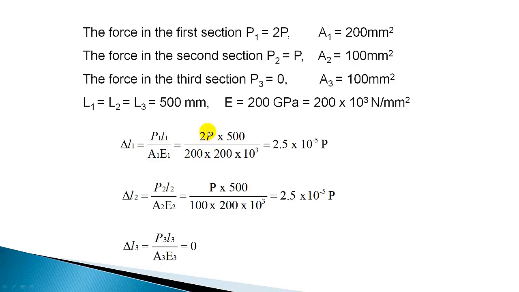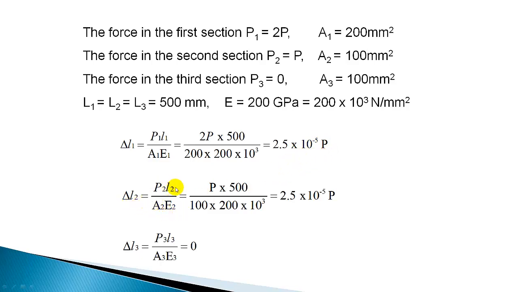Twice the value of P is acting in the first section. So we have just put 2P. Length is 500. A1 is 200. And Young's modulus is 200 into 10 raised to 3. So you can write as 2.5 into 10 raised to minus 5 P. In terms of P only you will get.